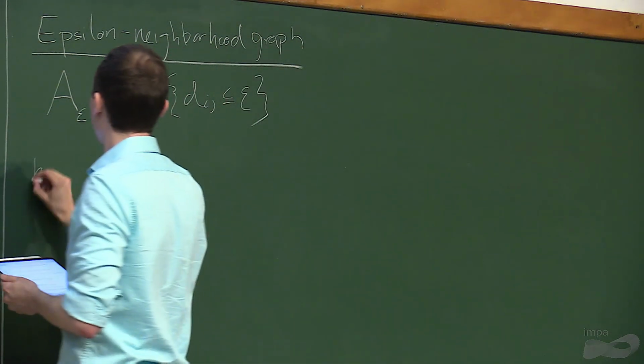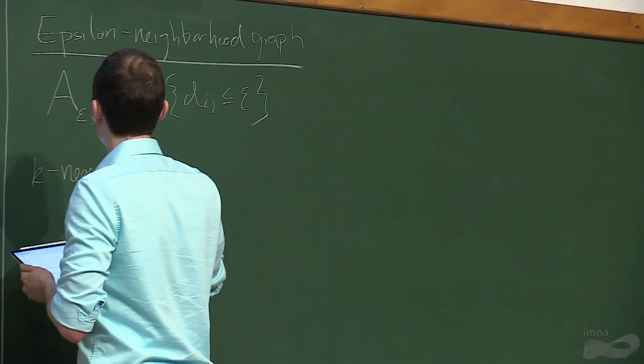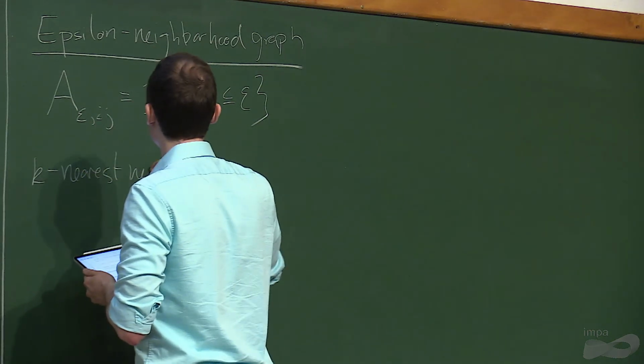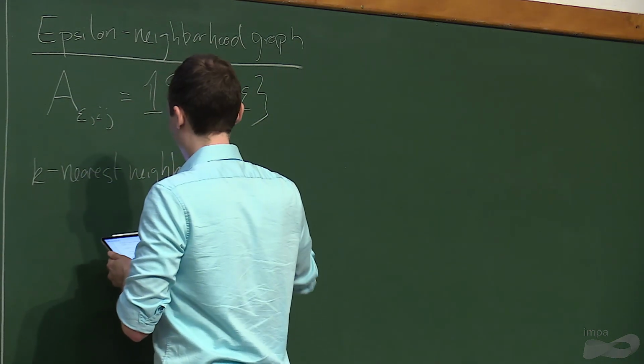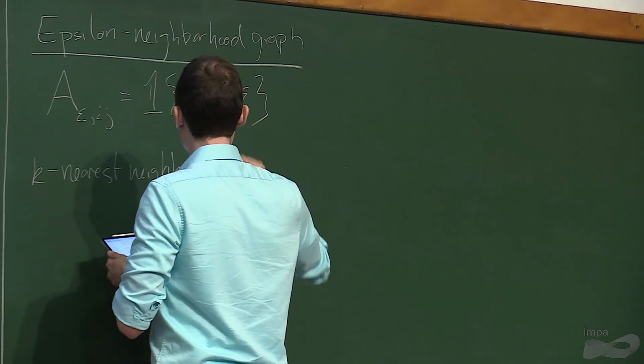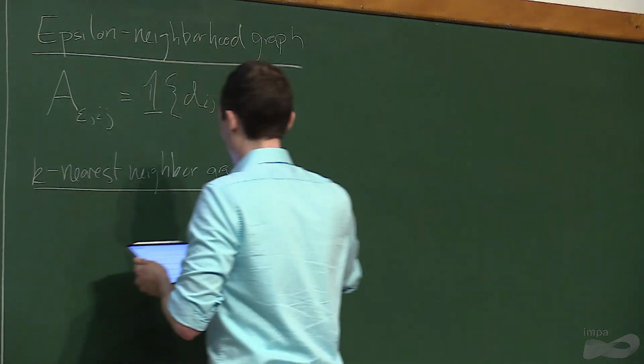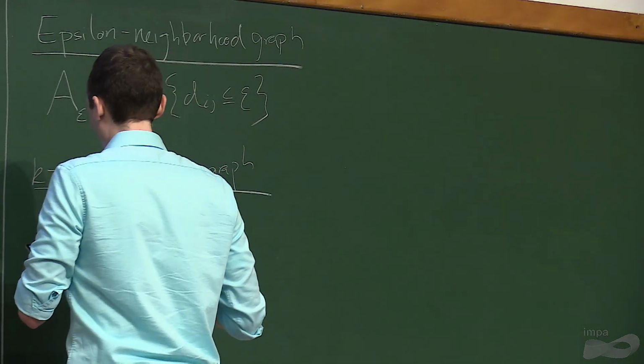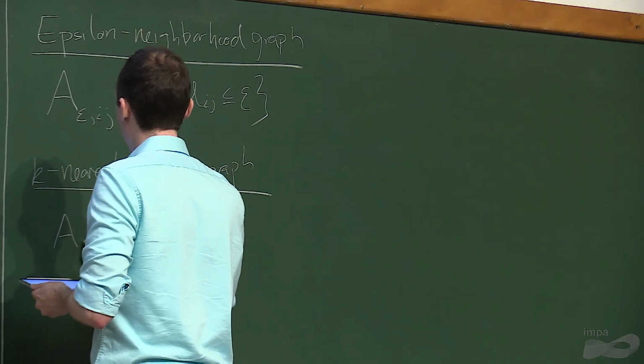We also have a k nearest neighbor graph. Also symmetric, this time weighted.